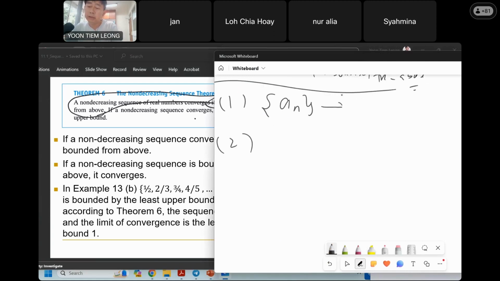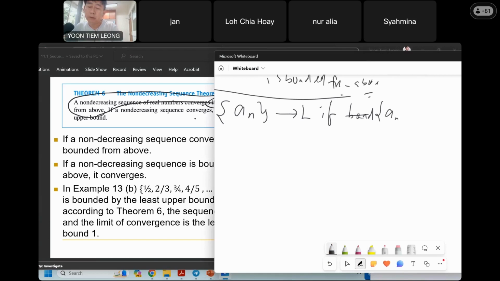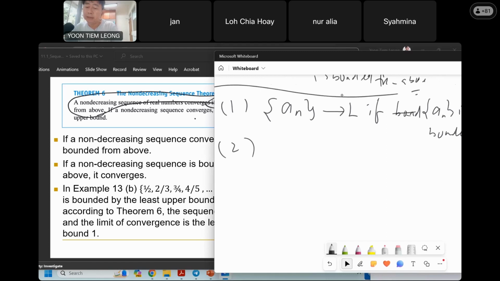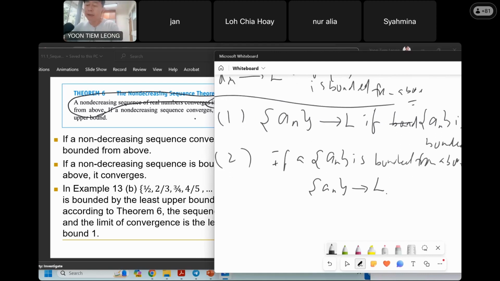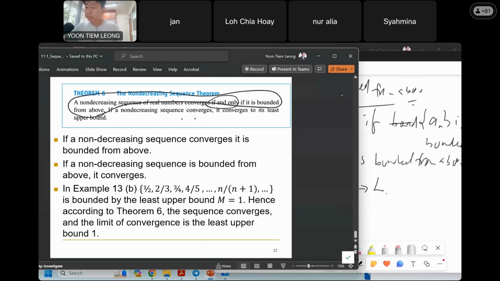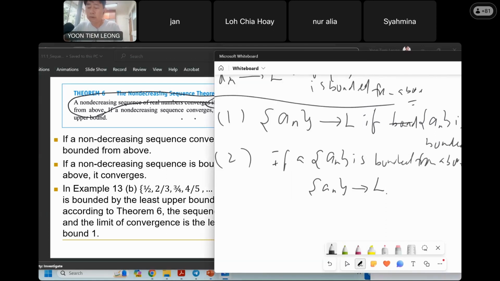If the sequence an is bounded from above, then the non-decreasing sequence converges to a finite value. When you combine both statements, it becomes if and only if. So that is the first part of theorem 6.